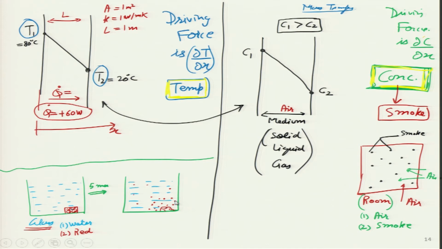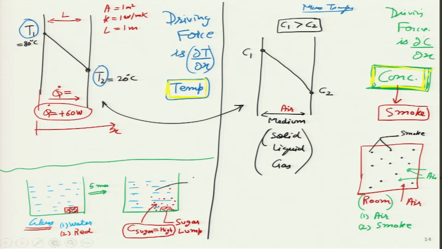You can see that this is the sugar lump, and very close to it the concentration of sugar, C of sugar, I can write is high. It is a relative word, so I am not putting it mathematically, I am just saying it is high.